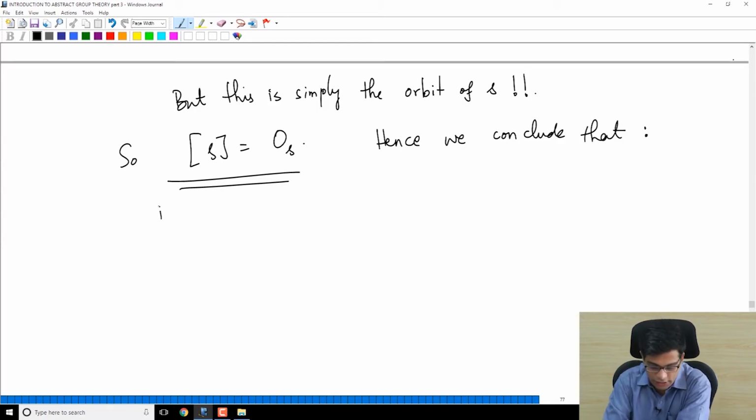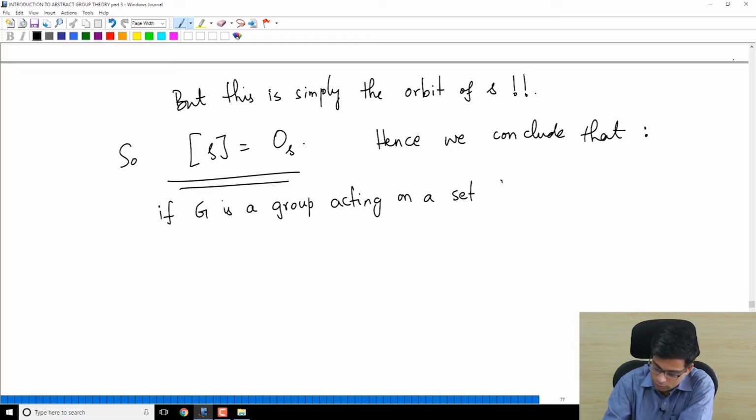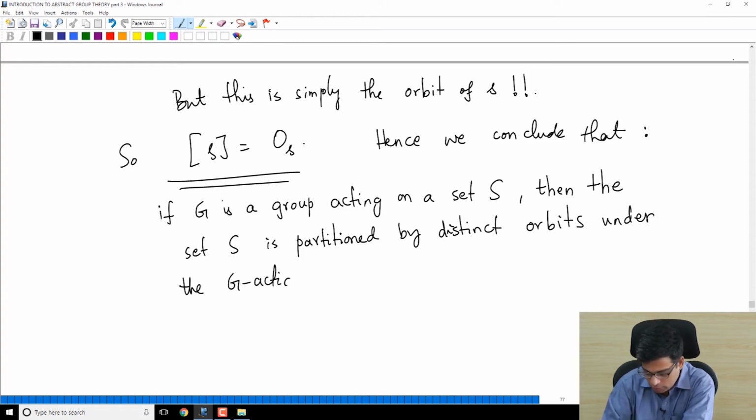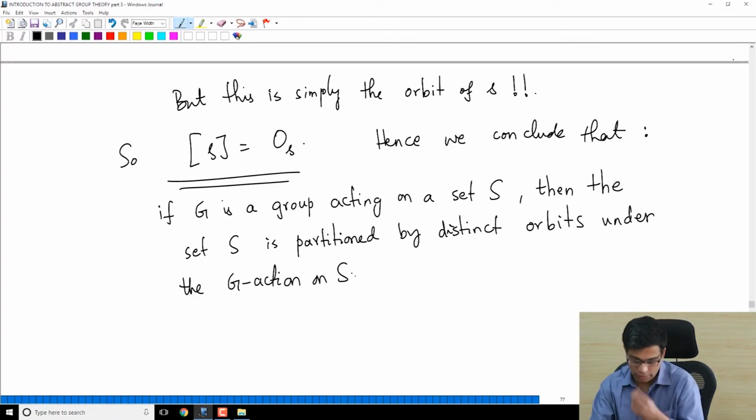so the setup is, if G is a group acting on a set S, then the set S is partitioned, you take the distinct orbits under the G action on S. Okay, so this is an elaborate sentence, but it is the conclusion of what we have done so far.